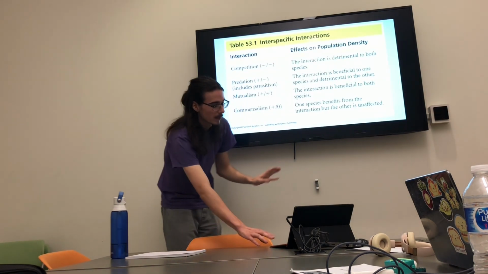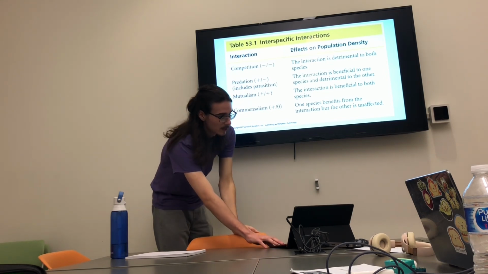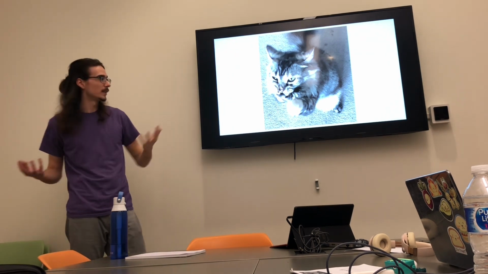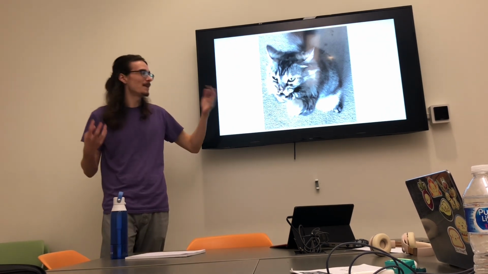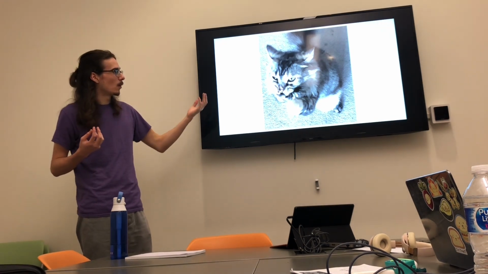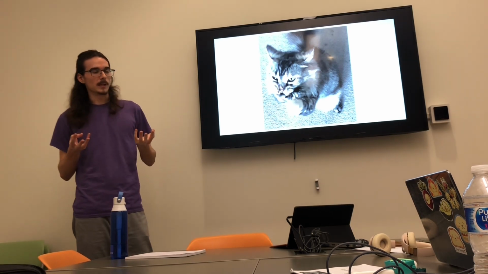These are just a quick summary for your own study guide that breaks it down, looking at the populations. And in that last little bit, I have a picture here of a really good hunter. This is not her specifically, but cats in general are really good hunters. So I want you to think about what happens when a predator is introduced to an ecosystem.